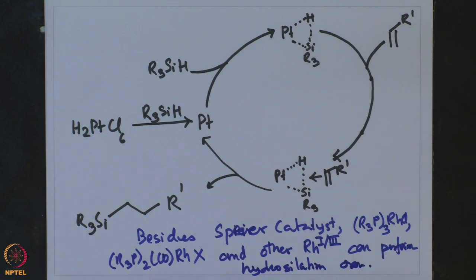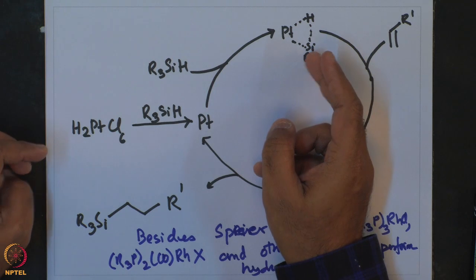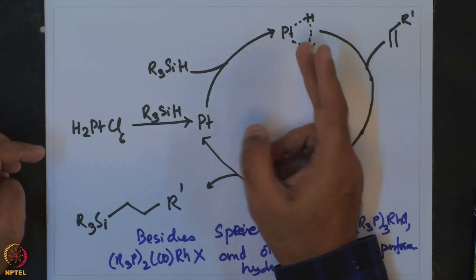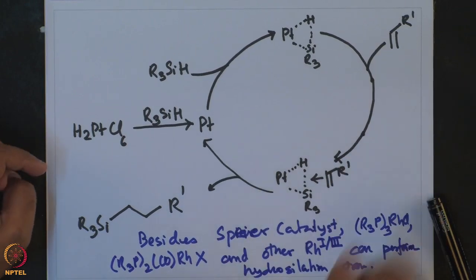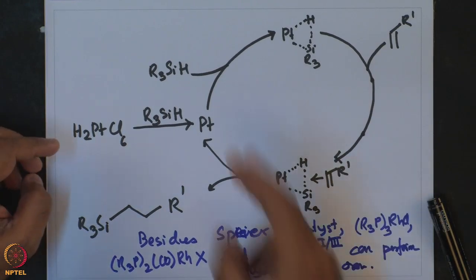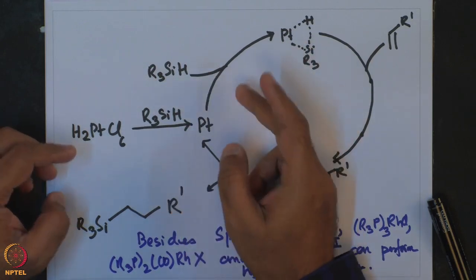Now, one thing crucial about the platinum catalyzed hydrosilylation reaction is the formation of this activated eta 2 silane complex of platinum, which then undergoes attack from the olefin. The other interesting thing is the addition of this platinum silyl hydrogen bond to the product.